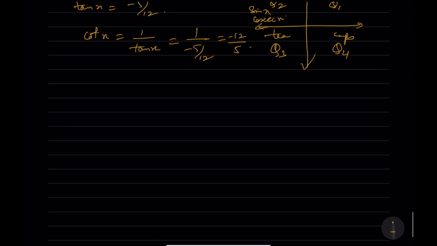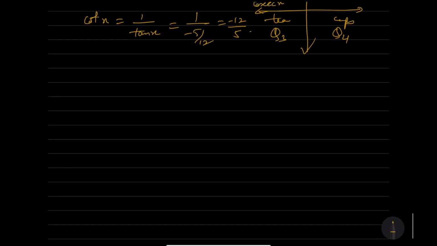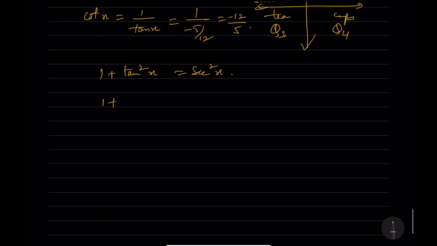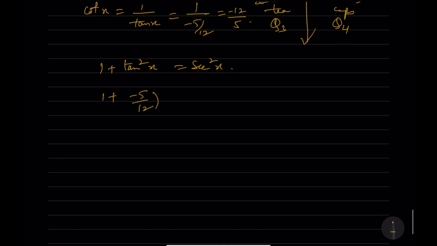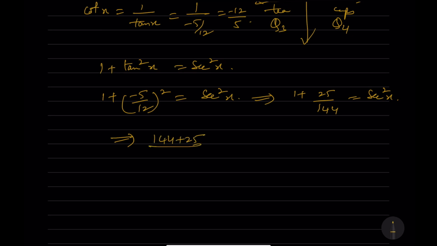Next, we can write 1 plus tan square x is equal to secant square x, which implies we get 1 plus (minus 5 by 12) whole square is equal to secant square x, which implies that 1 plus 25 by 144 is equal to secant square x, which implies that 144 plus 25 divided by 144 is equal to secant square x, which implies that secant square x is equal to 169 by 144.